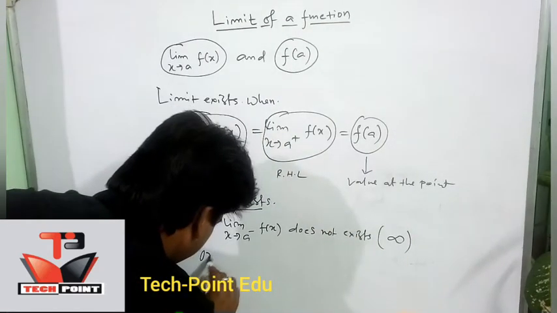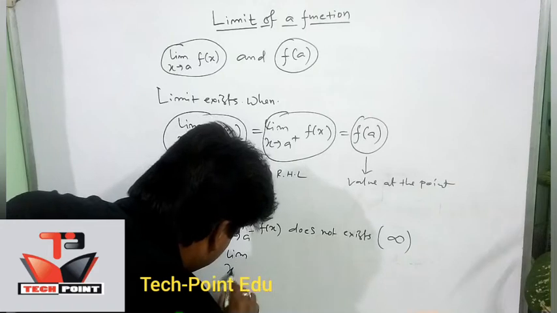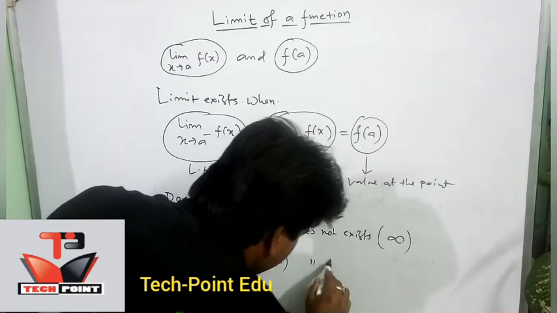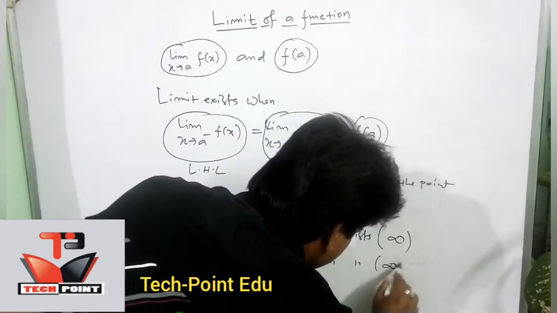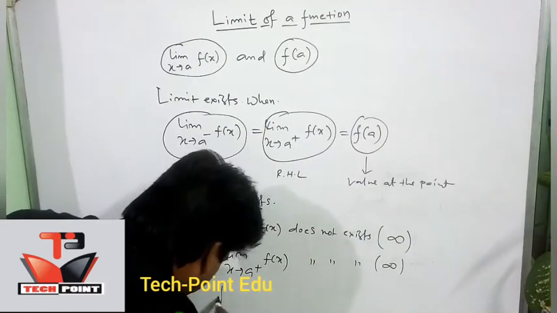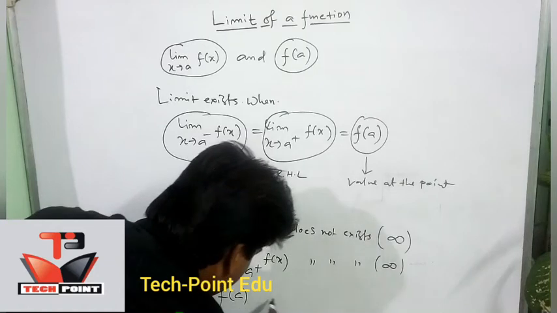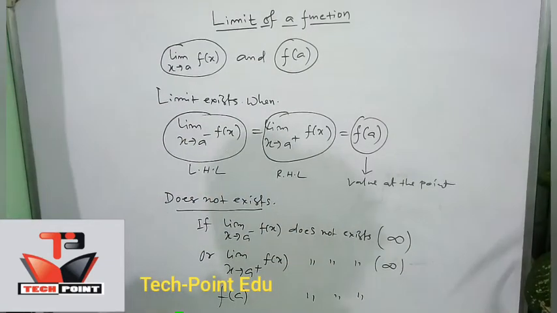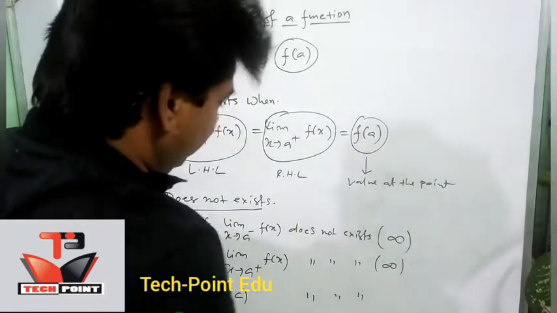Or limit x tends to a plus f of x also does not exist, that is infinity. Or f of a does not exist, at that time limit will not exist at all.